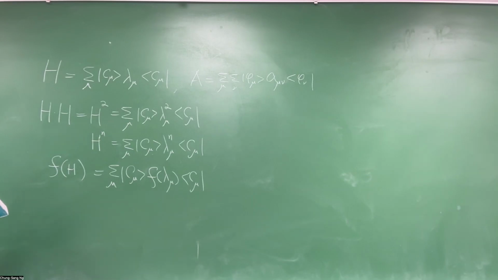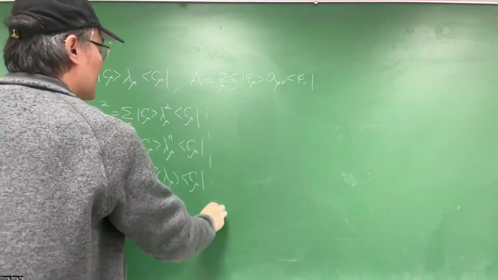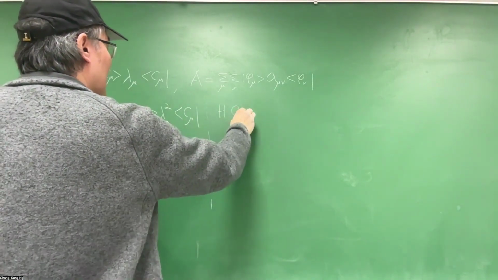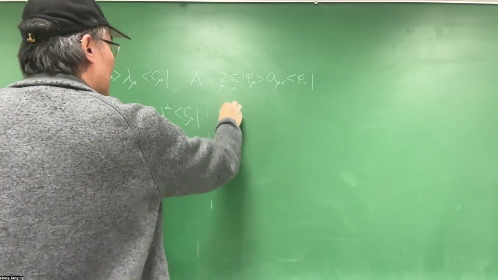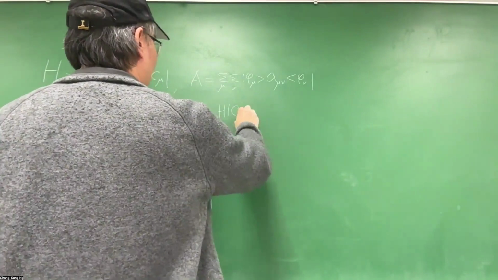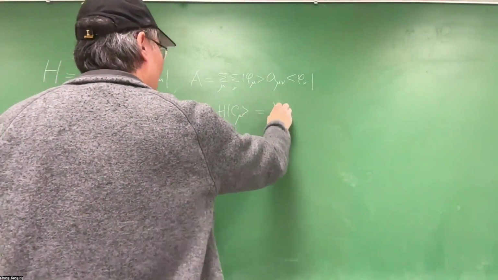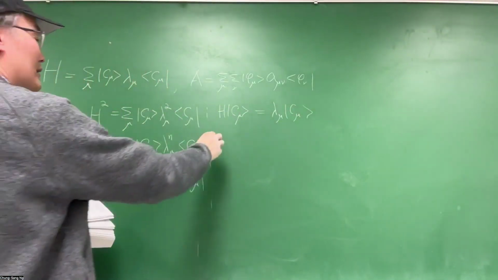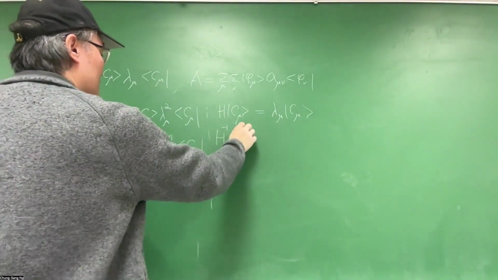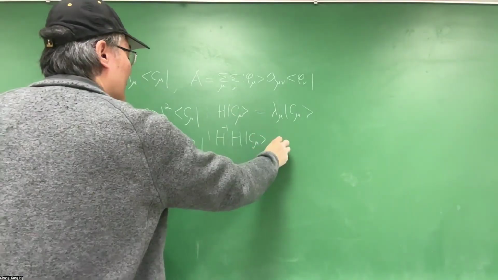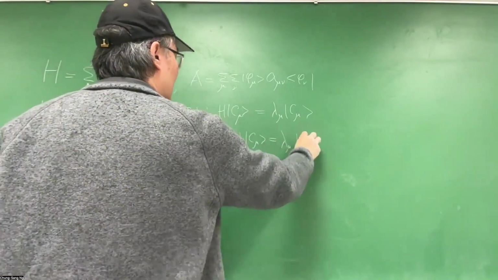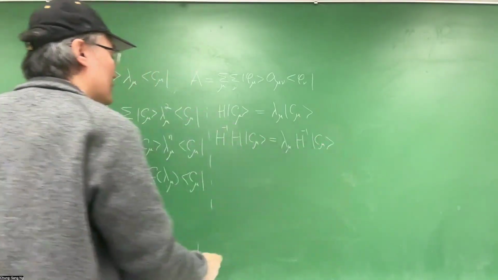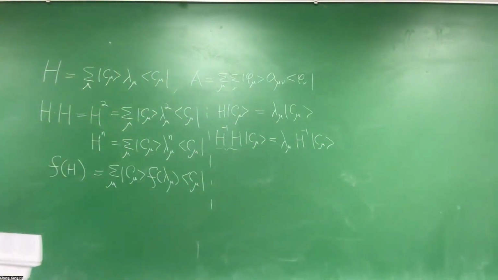Similarly, if H acting on C sub mu gives lambda mu C sub mu, then obviously, if you multiply by the inverse of H, C sub mu equals lambda mu H inverse C sub mu, since H inverse H is just the identity.